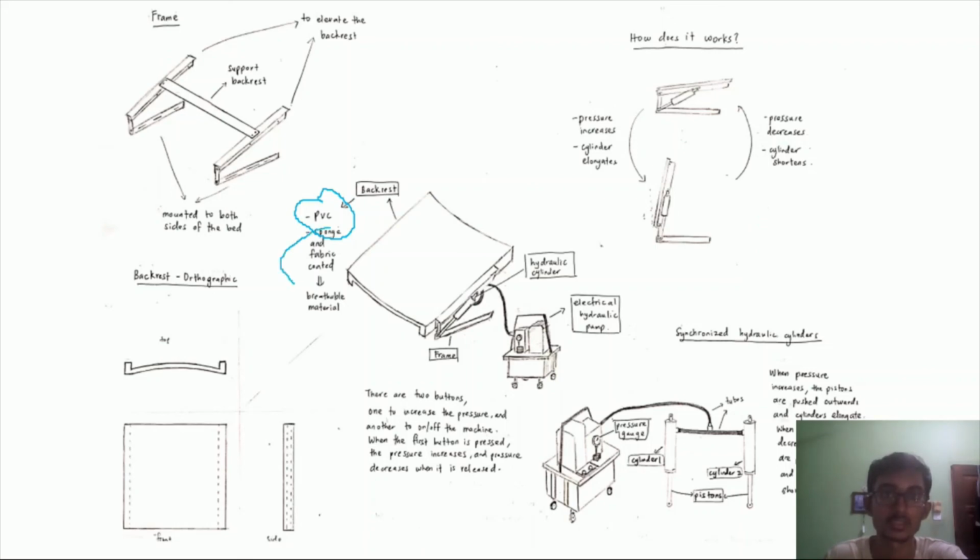Besides, this device is also covered with a layer of breathable fabric. So there are two reasons this material is used to cover the backrest. First one is because it is soft, and it will be comfortable for the patient to stay on it. And the second reason is because it is a quick dry material, and it can prevent bacteria from breeding on it.